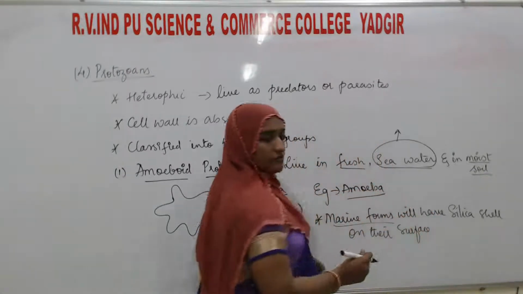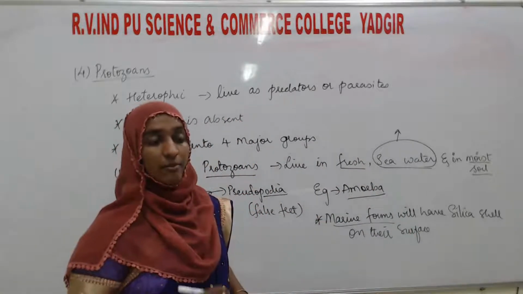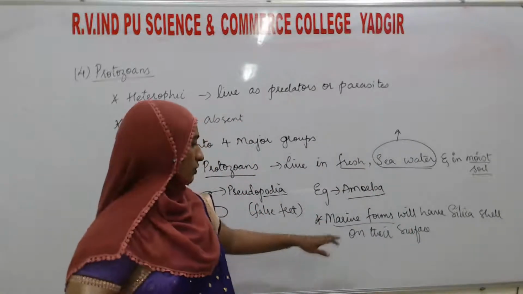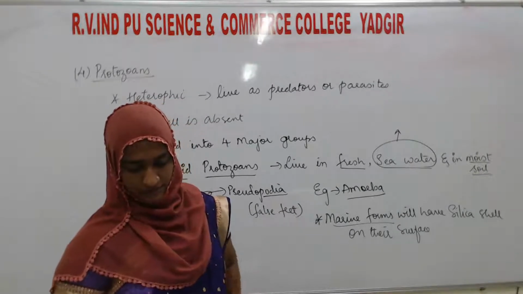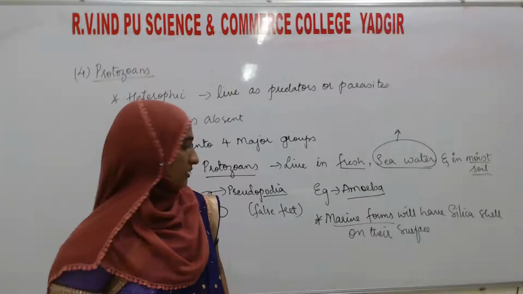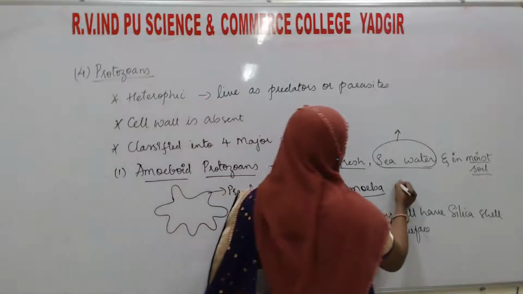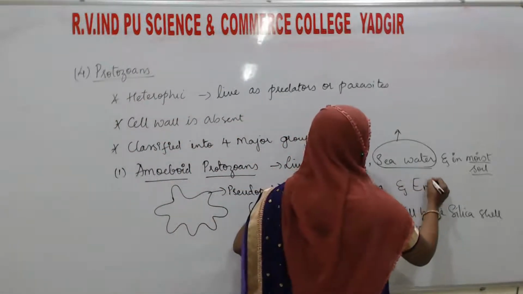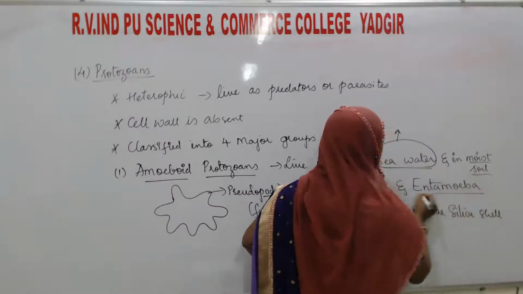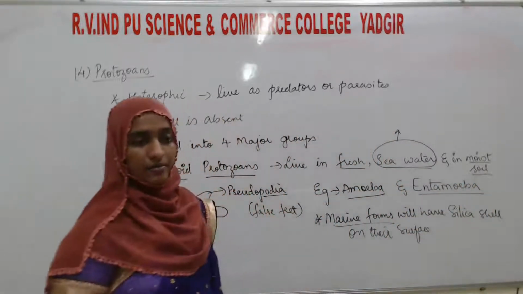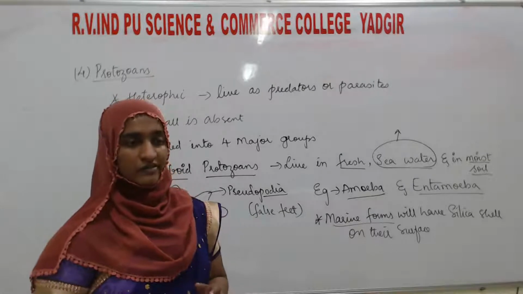Only in the marine amoeboid protozoans will you find silica shells over their surface. One more example we can write down is Entamoeba.